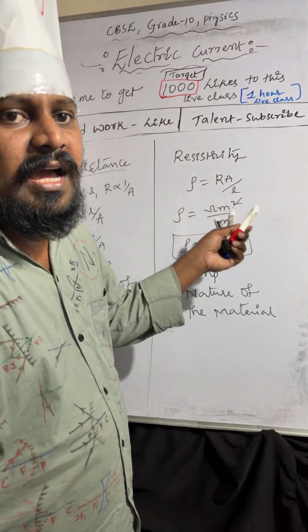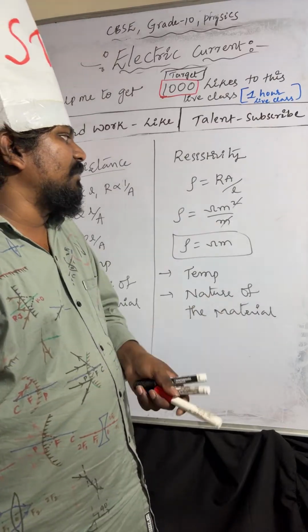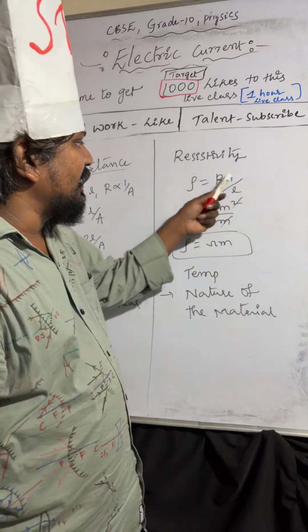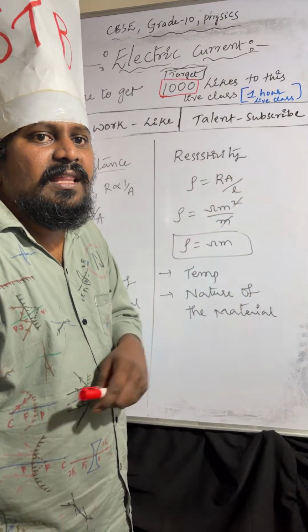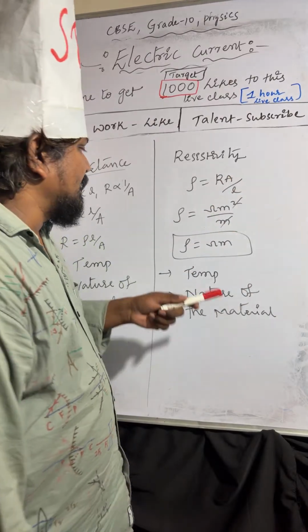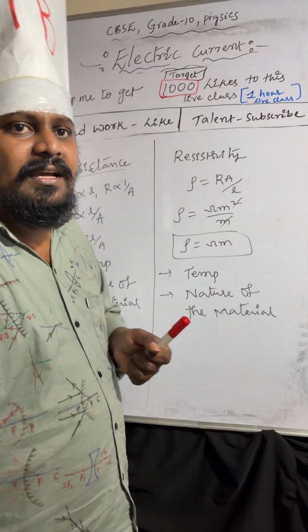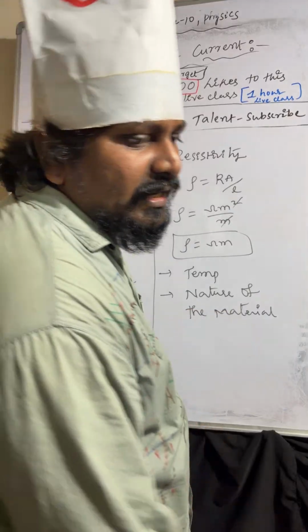Resistivity rho equals RA by L. The SI unit of resistance is ohm, the unit of area is meter square, divided by meter, the meter gets cancelled, rho equals ohm meter.